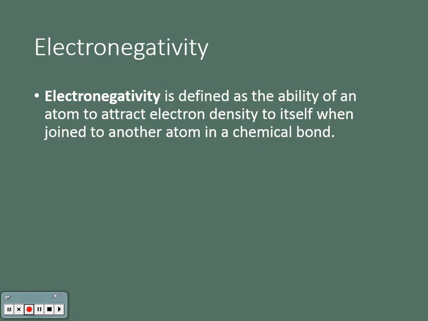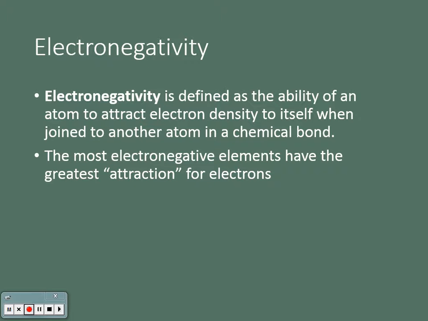That's not what's written up on the board, but that's what electronegativity is. How desperate are these atoms to gain those valence electrons? Okay? And what we find out is that the closer they are to 8, the more desperate they are to get to 8, right? The most electronegative elements have the greatest attraction for electrons.